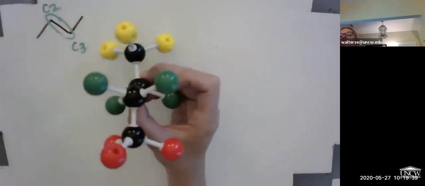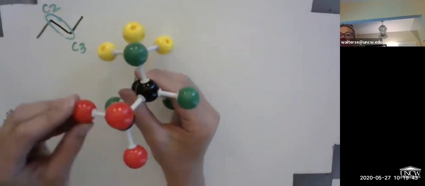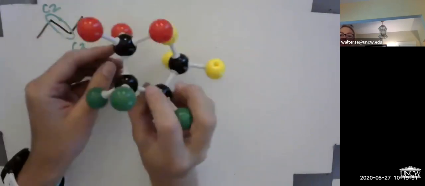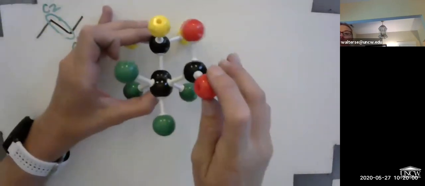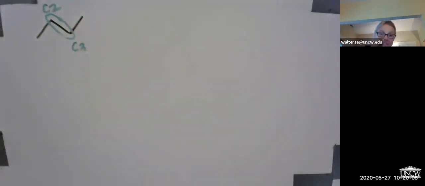All right. So staggered, eclipsed, staggered. You can already see what's happening. Eclipsed, look at how close they are, they're touching. Staggered, eclipsed, back to staggered. So we have several Newman projections that we can write.